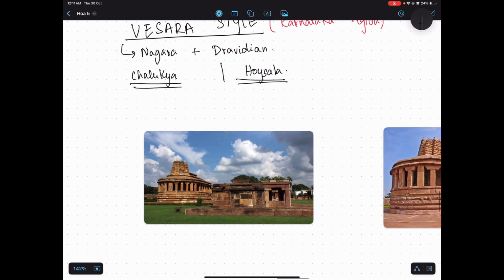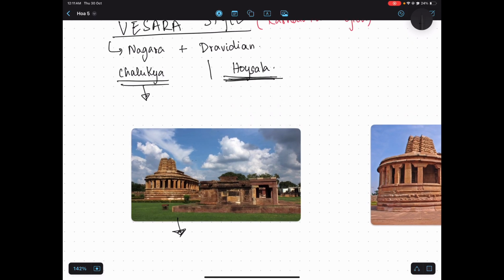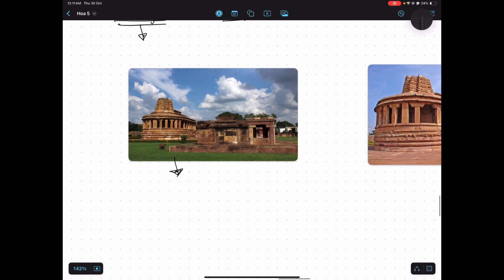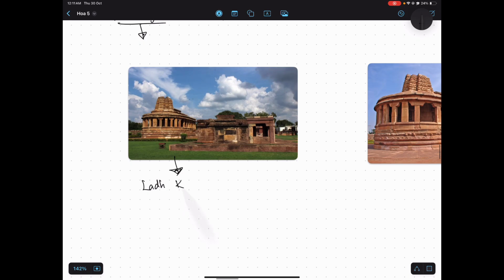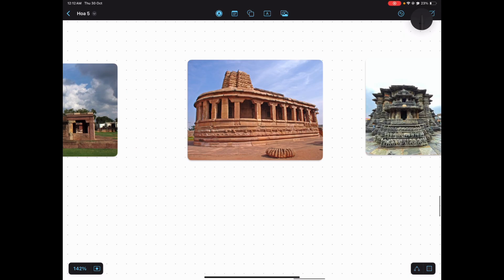So this is an example for Chalukya style. Chalukya style is the one that started first, and the Hoysala dynasty used it in the later period. So this is Ladkan temple in Aihole. Then this is Durga temple, again at Aihole.